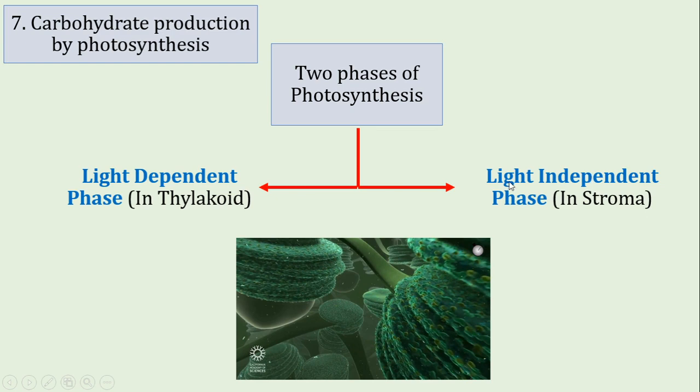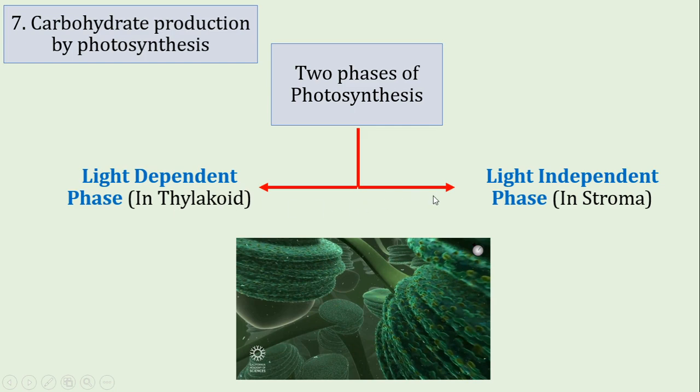That means a set of chemical reactions takes place in the thylakoid, and to perform these reactions the presence of light is necessary. Using the light energy from the sun, the chemical reactions in this phase can take place. That is why these sets of chemical reactions are collectively included in the light dependent phase.